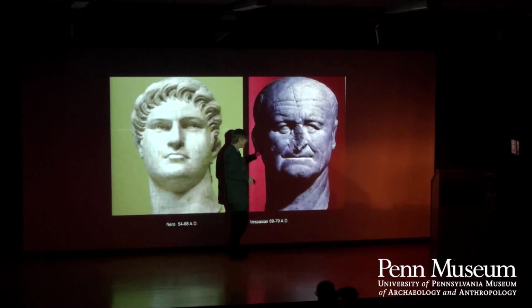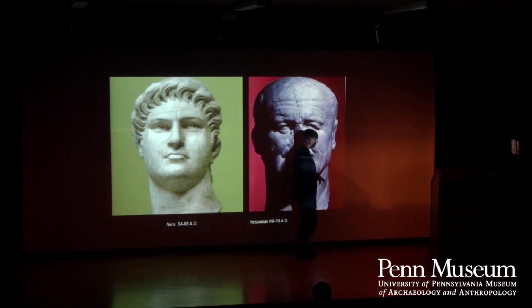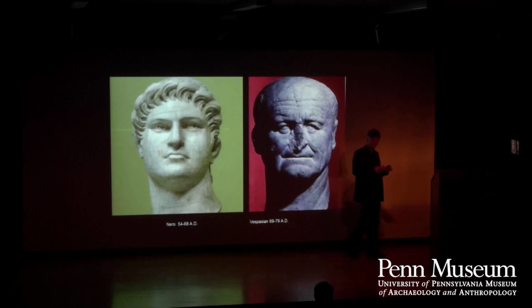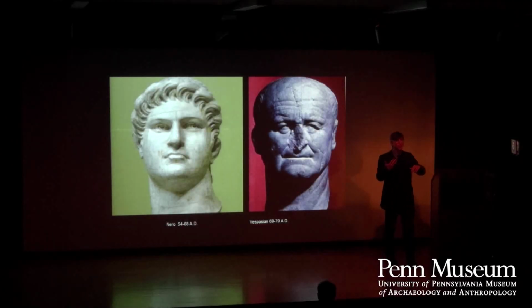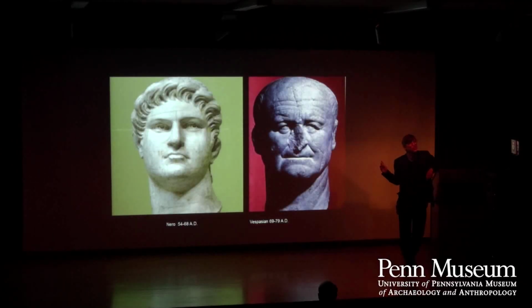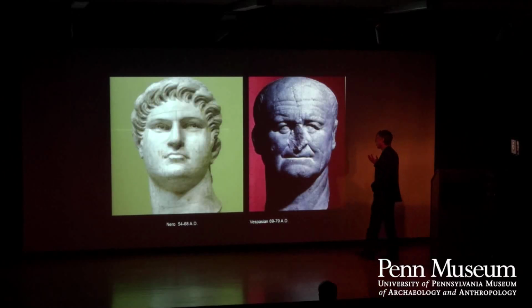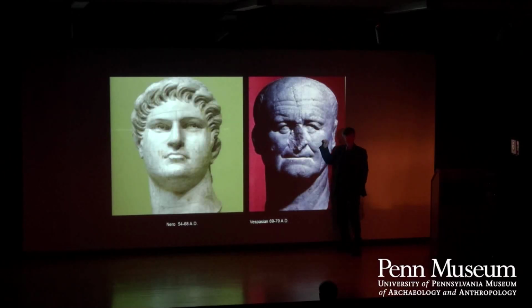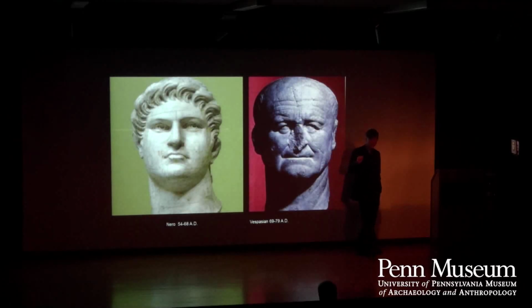And then with the next dynasty, the Flavian dynasty, we move back to the Veristic type. It was a definite political move, where Vespasian, the first emperor of the new dynasty, wanted to make it clear to the people of Rome that everything had just changed, that the excesses of the Julio-Claudian dynasty are now over, that the Republic was going to be revived by him, and that good, honest, solid Republican values would now be the order of the day.